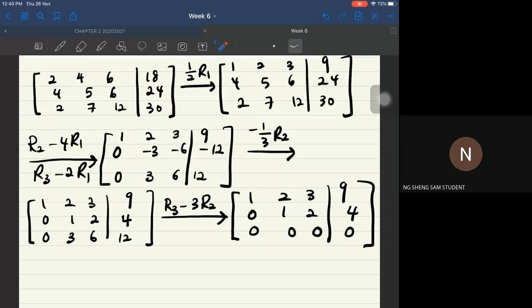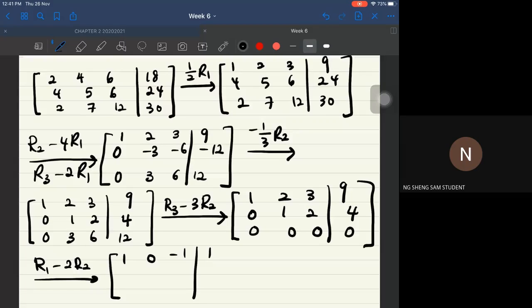Okay. So my last operation should be R1 minus 2 R2. So I will have 1, 0, -1, 1, 0, 1, 2, 4, 0, 0, 0, 0. Okay.